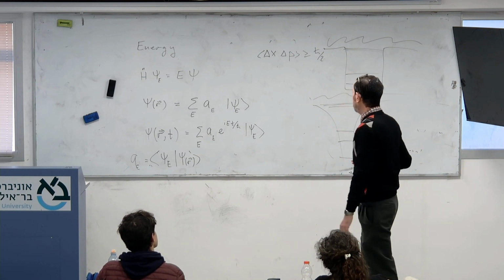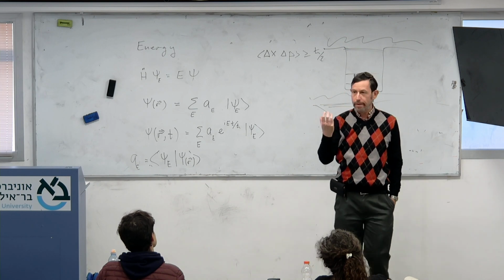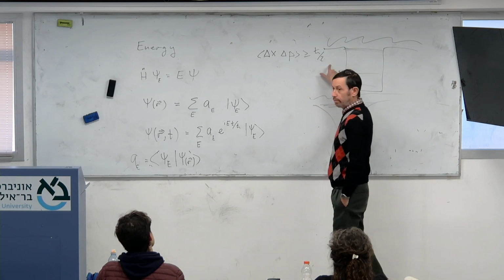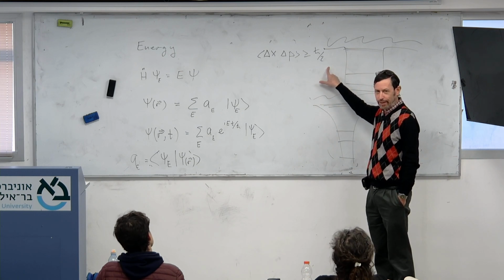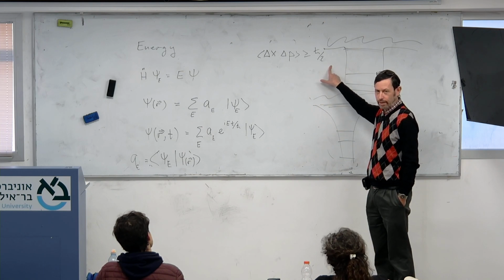Now, the question is, can I be clever enough to build some wave function where this is minimal? And we will show that even with the best constructed wave functions that we can think about, you'll still have an uncertainty product which is equal or larger than h bar over 2.